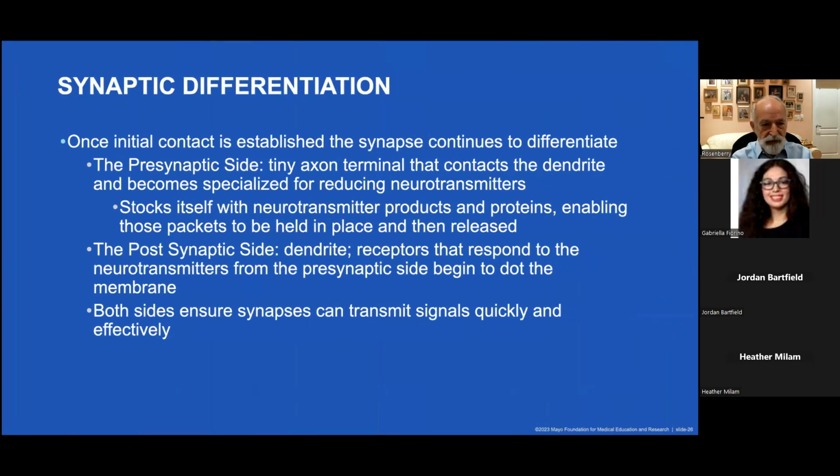Synaptic differentiation. Once contact is established, the synapse continues to differentiate. The presynaptic side, which is a tiny axon terminal that contacts the dendrite, becomes specialized for producing neurotransmitters, and the postsynaptic side, where the presynaptic neuron makes contact with the postsynaptic cell, stocks itself with neurotransmitter contacts and proteins, enabling those packets to be held in place and then released.